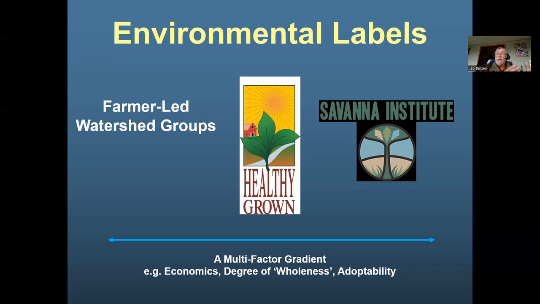It reduces pesticide risk, but it doesn't change it fundamentally, which is what is done with organics. The Savanna Institute is doing things like perennial polyculture, which the Land Institute has done, but they're doing it from a savanna point of view. So there are a lot of issues out there that we could do a better job at integrating and informing and advancing as we move forward.